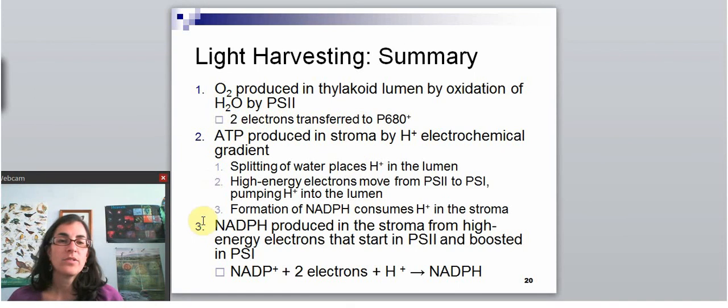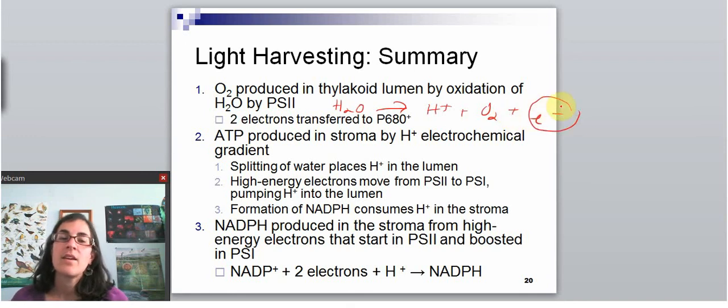So in the photosystems, this is a summary of what's being produced. Oxygen is produced in the thylakoid lumen. Remember, that's the space inside of the thylakoid, when water is broken down to fill the electrons. So this is water being broken down into hydrogen ions, oxygen gas, and electrons. These electrons will fill the hole in P680.